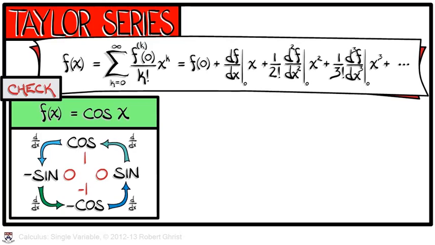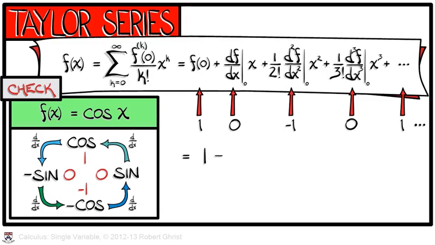Why do we not get the same series? Well, because when we evaluate these derivatives, the sequence of numbers is shifted. F at 0, that is cosine of 0, is 1. The derivative at 0 is 0. Then -1, 0, 1, and the pattern continues.